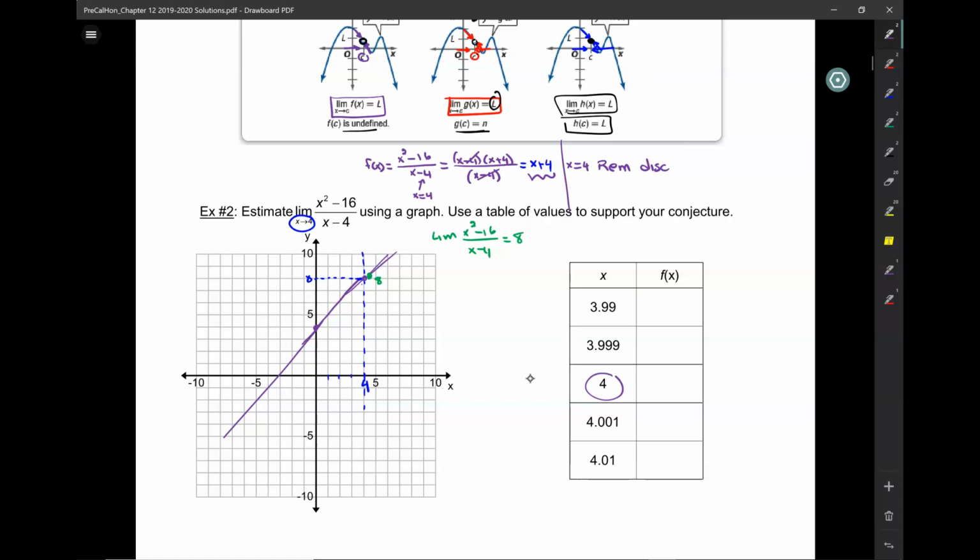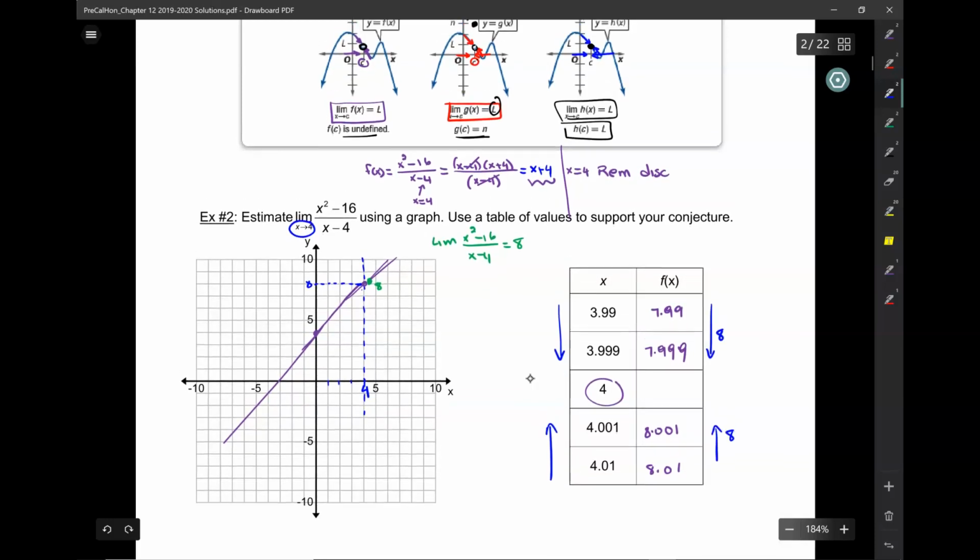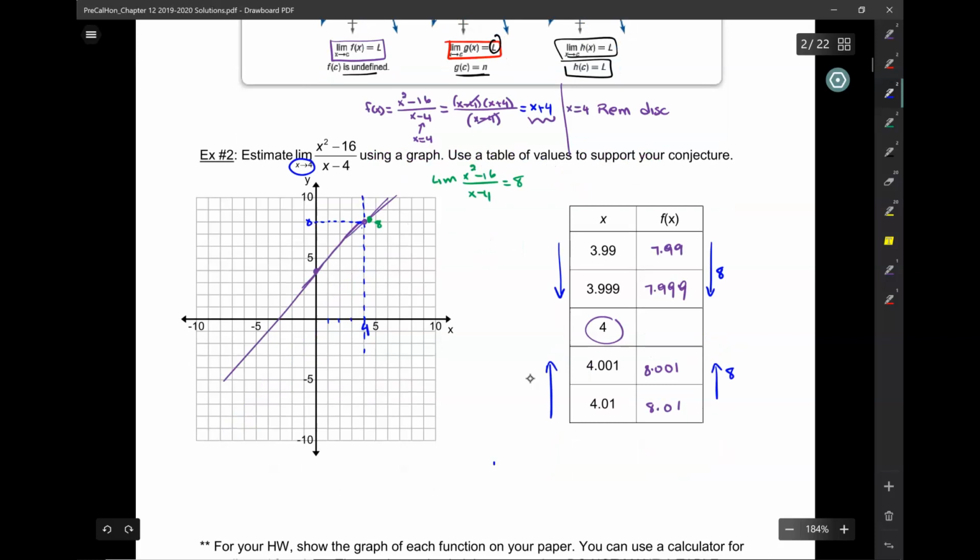So at 3.99, f of x would be 7.99, 7.999, 8.001, 8.01. So as I approach 4 from one side, my y value is approaching 8. As I approach 4 from the other side, my y value is approaching 8. So the limit is equal to 8.